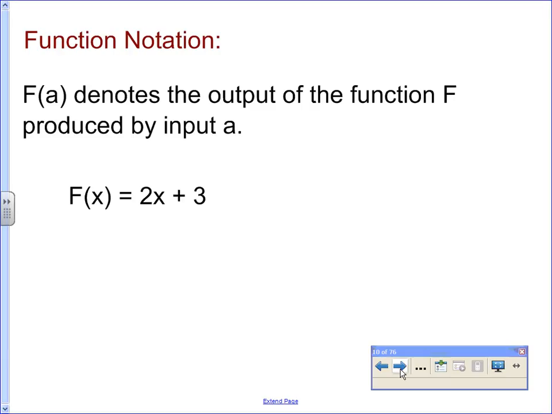So let's talk about function notation. Most of us at this time have seen something like this, f of a here, and what that means is it describes the output of the function f produced by an input of a. So f is the name of our function in this case.